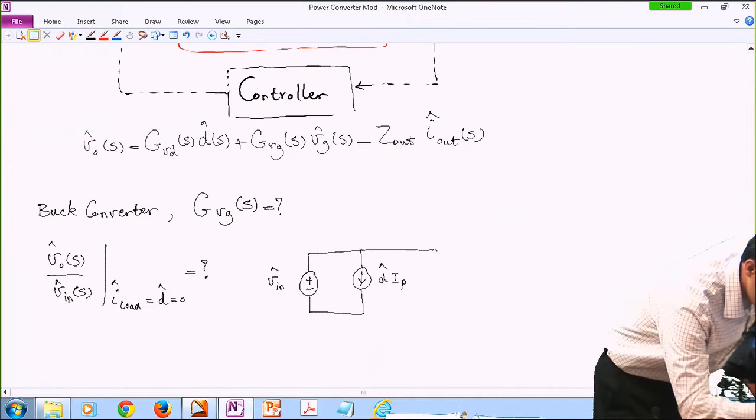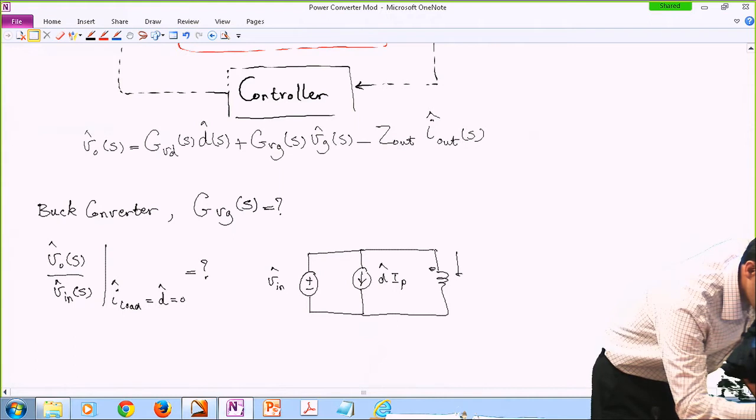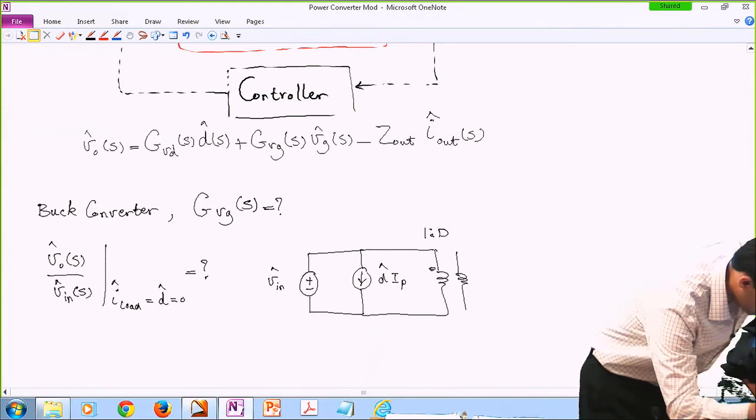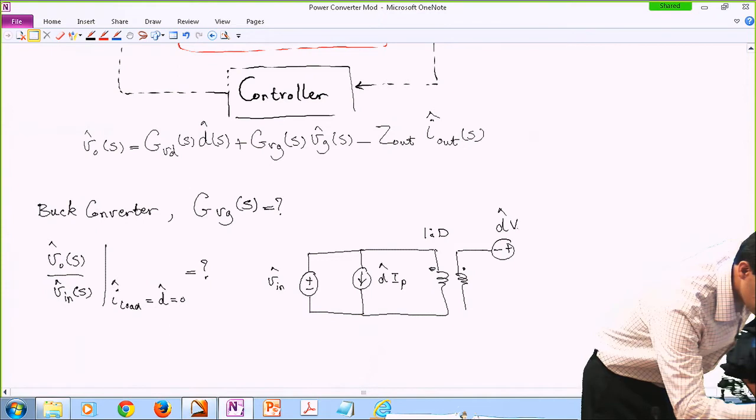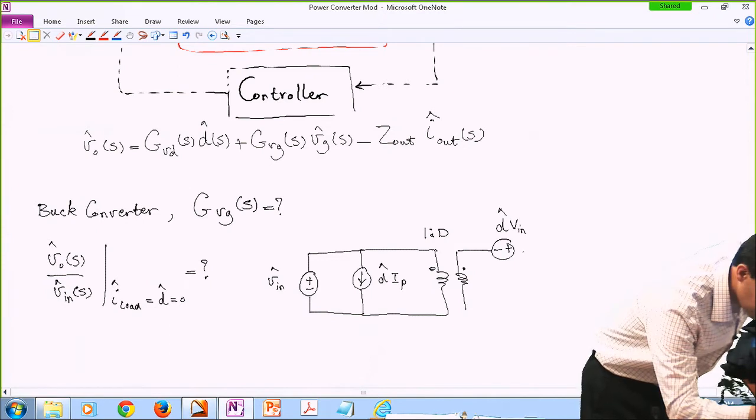Then we had this transformer, 1 to D. And this dependent source of voltage, D perturbed times Vin.